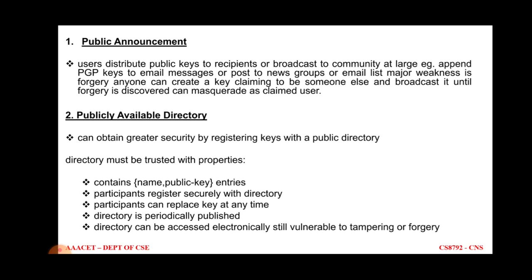The directory has some properties: it contains name and public key entries, and the participant registers with the directory, and a participant can replace the key at any time. The directory is publicly available and periodically published, and it is not private. It can be accessed electronically, so there is no forgery.